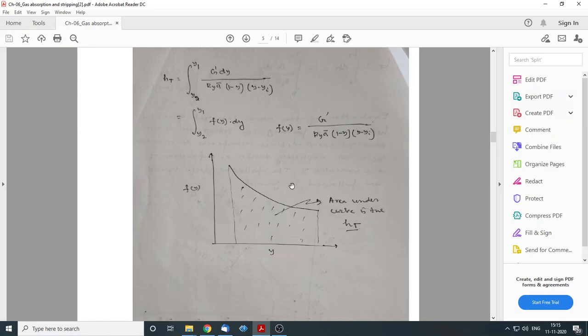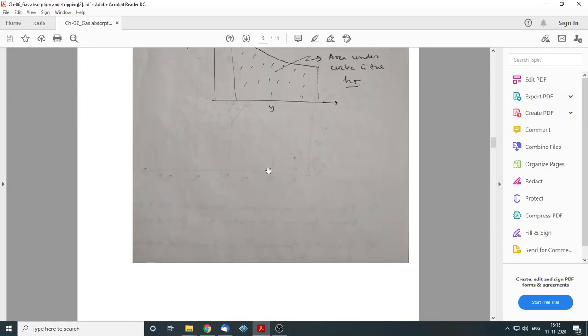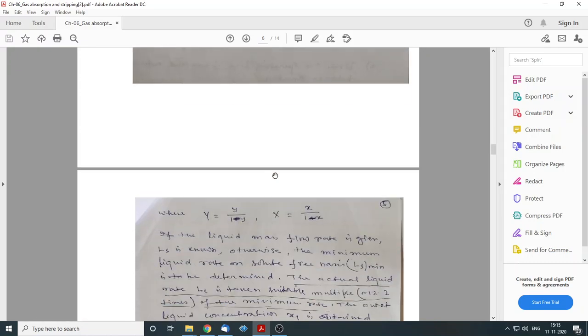Then the area under this curve will be the height of the column. This we have to solve numerically; that we discussed last day.